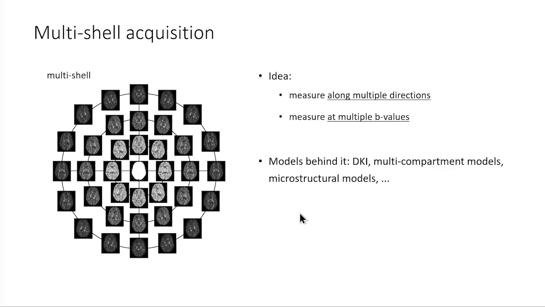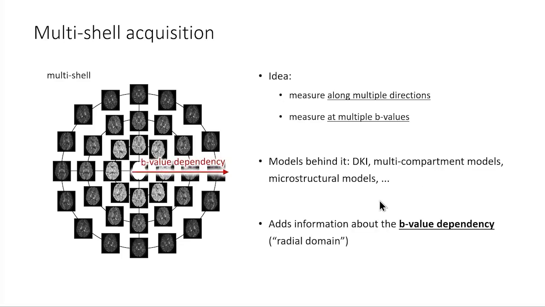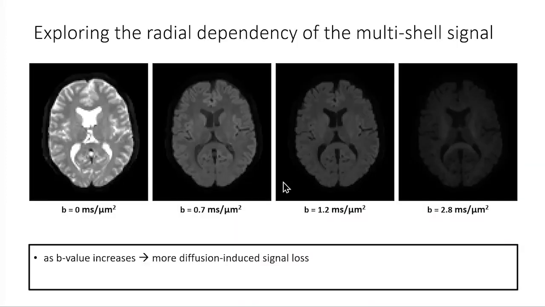The models behind it are the typical DKI model, but also multi-compartment models and microstructural models. And what multi-shell acquisitions capitalize on is information about the radial domain, or the B value dependency of the signal.